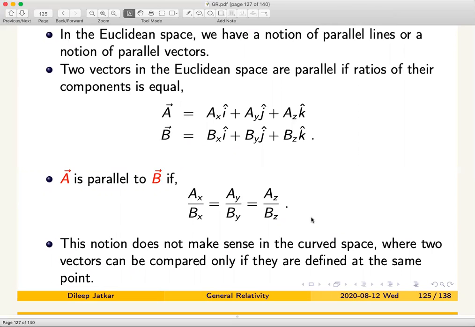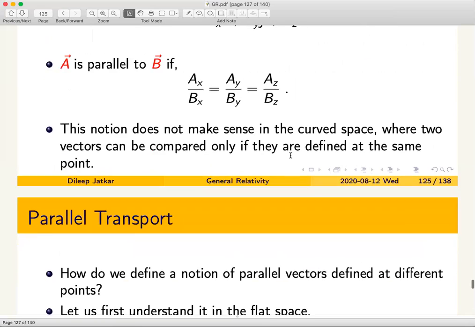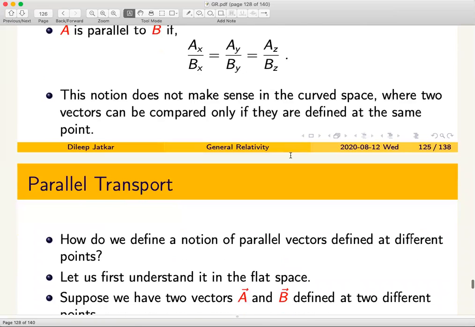In Euclidean space, typically you talk about two vectors defined at two different locations and still talk about them being parallel or not. So we want to ask how you define a notion of parallel vectors at two different points in a space which is typically not flat, in curved space.